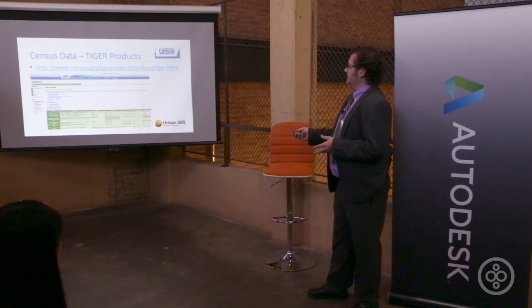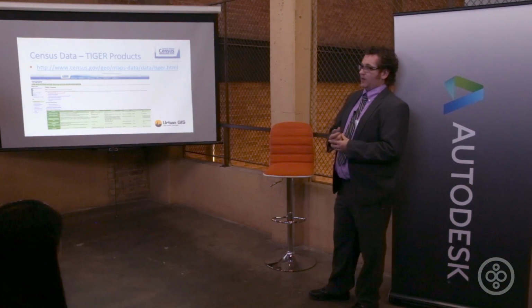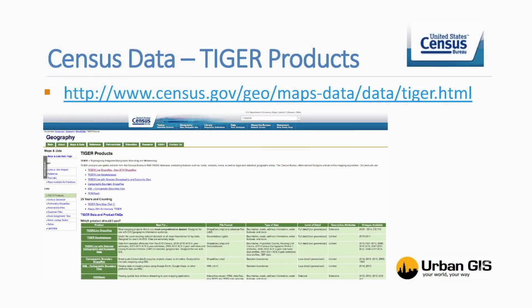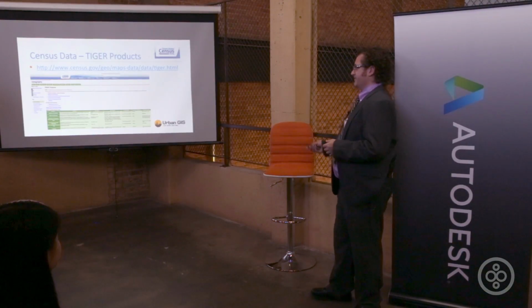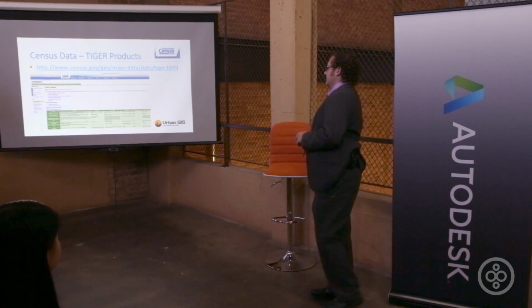The U.S. Census Bureau has, for a long time, made their data available through, as many of you probably have heard of, the Tigerline product. They provide all sorts of information about economic conditions. Pretty much any information that they've gleaned from the census is made available freely from their website.